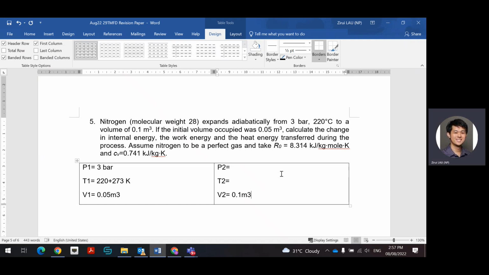so maybe before I even try to solve the question, let me find out all the unknowns first. Okay. So if we want to find out P2, what should I use? Let's take a look at the equations here.